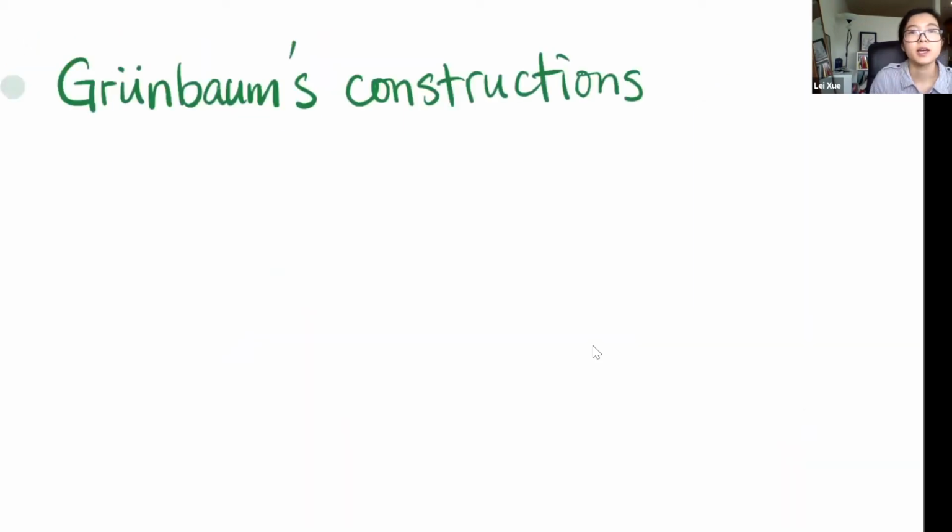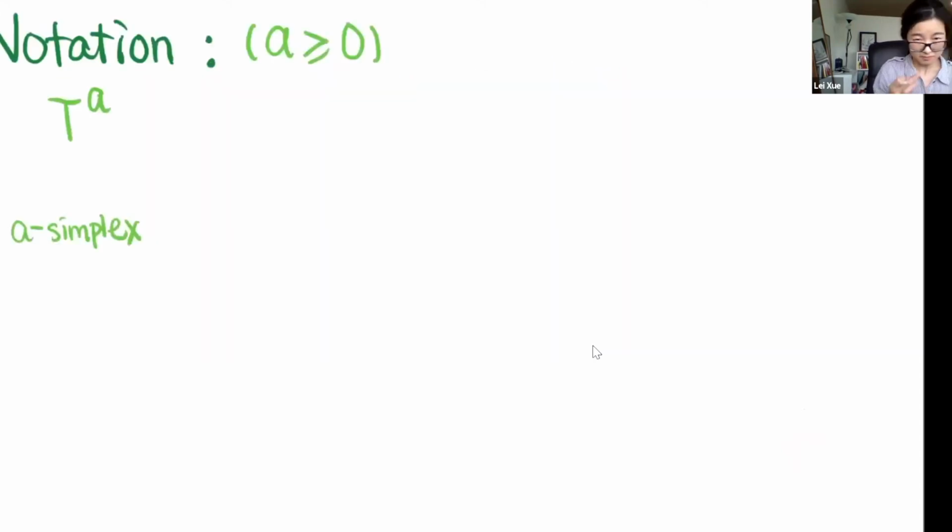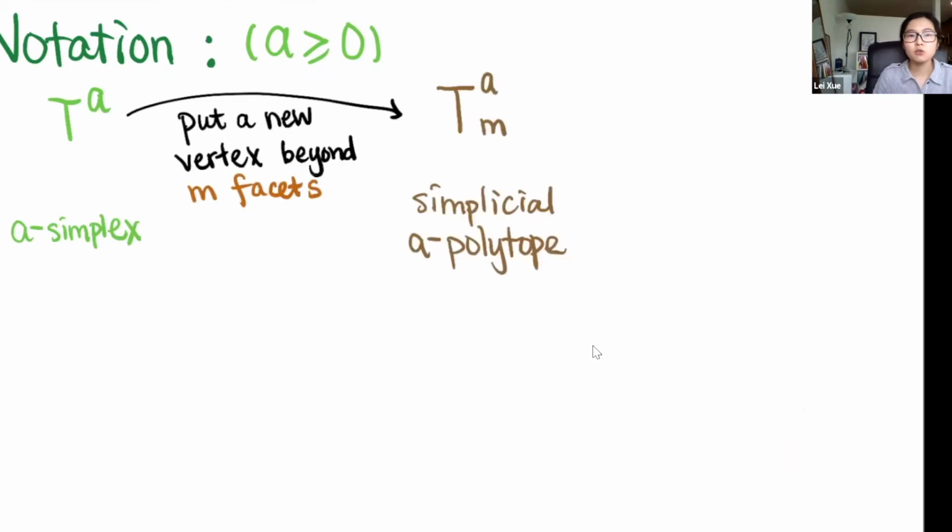Now we can start Grünbaum's construction. We start from a simplex of some dimension A, denoted T superscript A. And we put a new vertex that's beyond exactly m facets of that simplex. That will give us a polytope of still dimension A, and it's still going to be simplicial.